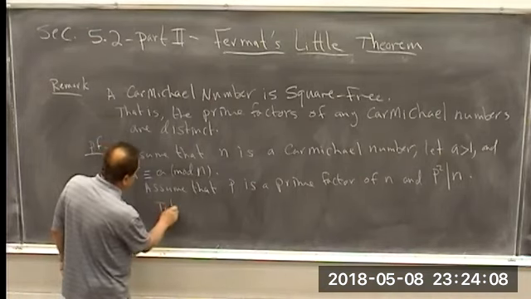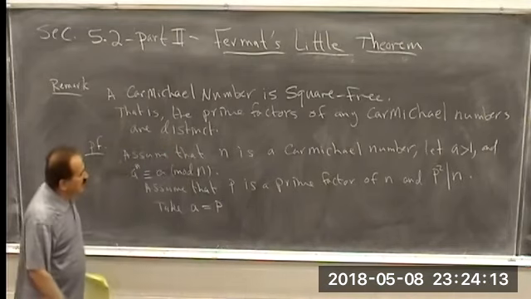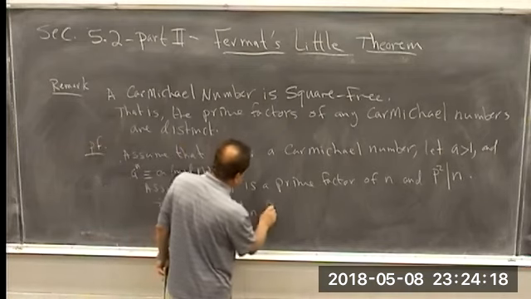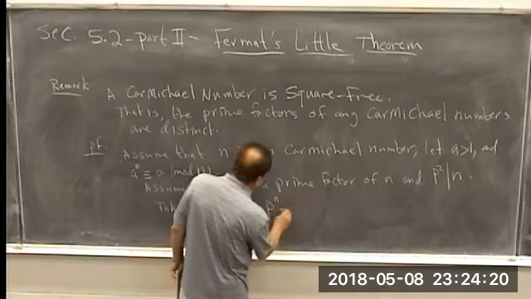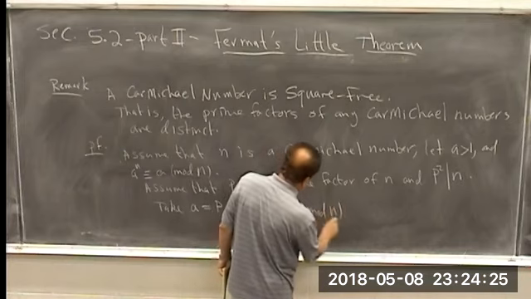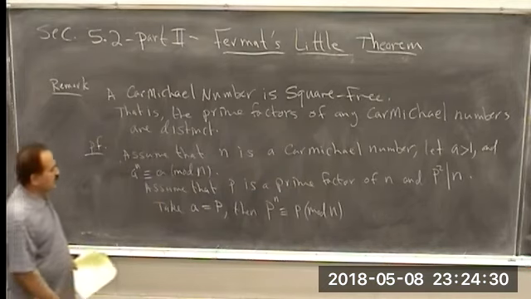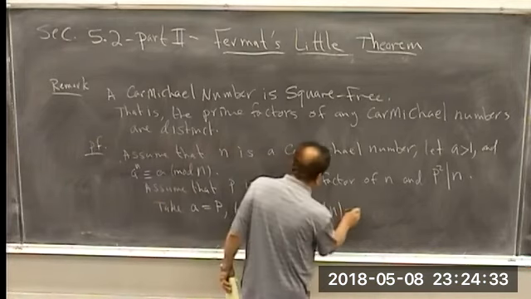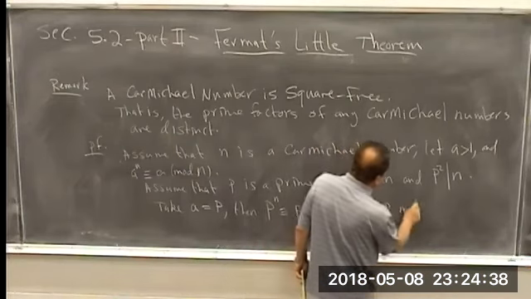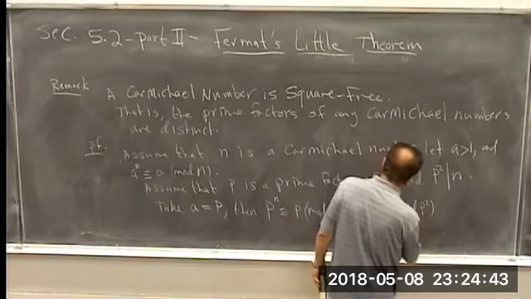All right? Then we're going to take A to be equal to this P. Then we have P to the N is congruent to P mod N. And this also implies that P to the N is congruent to P mod any divisor of N, for example, P squared.